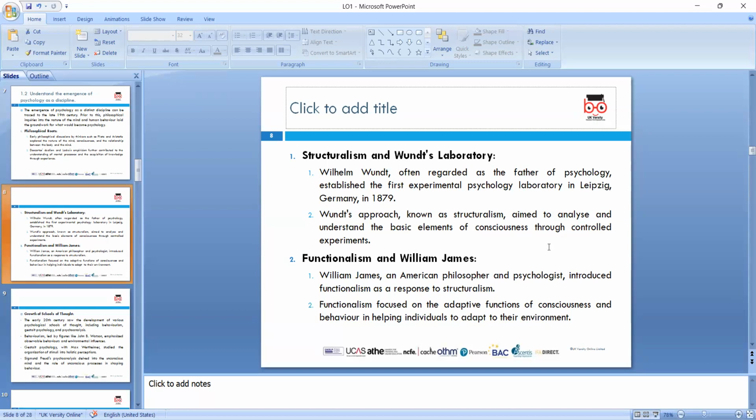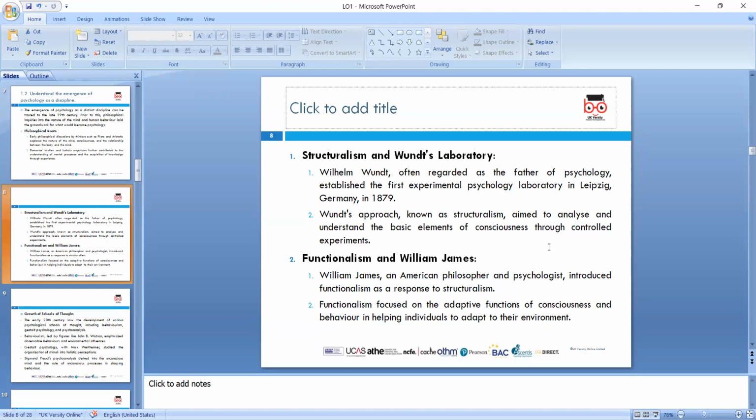The next school we are going to discuss, functionalism. And this was given by William James. William James, an American philosopher and psychologist, introduced functionalism as a response to structuralism. So first it was the structure of the mind and then came the function of the mind. Structure was not observable. You cannot see the structure of the mind. Now, there's something that is the function of mind.